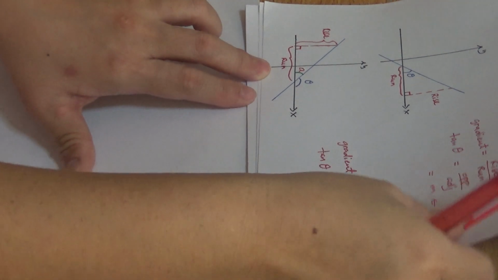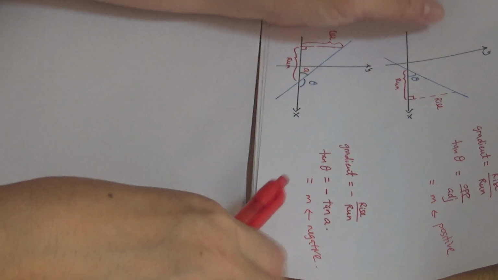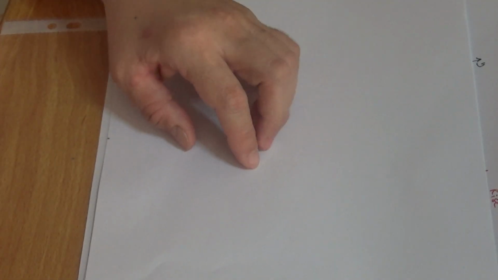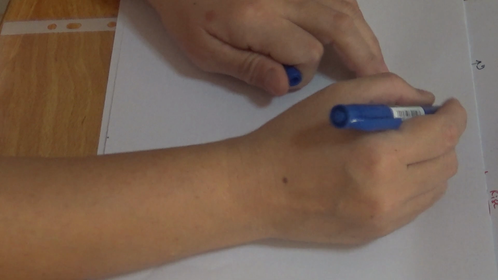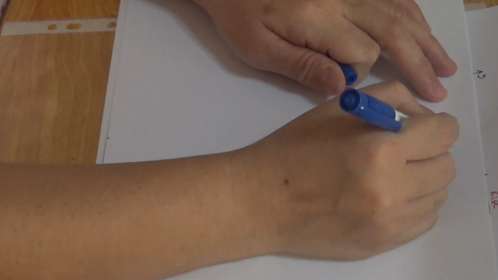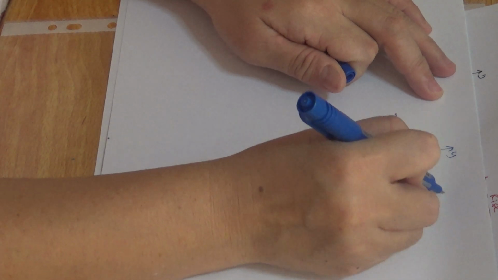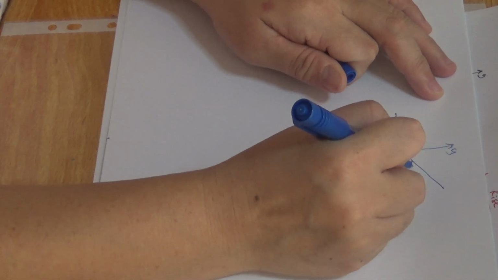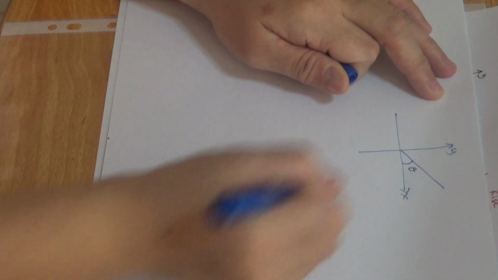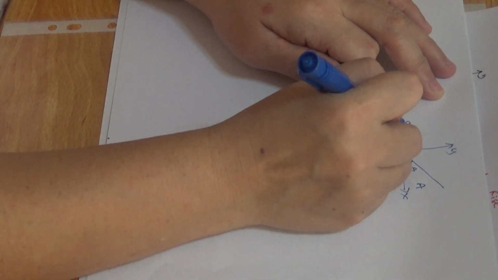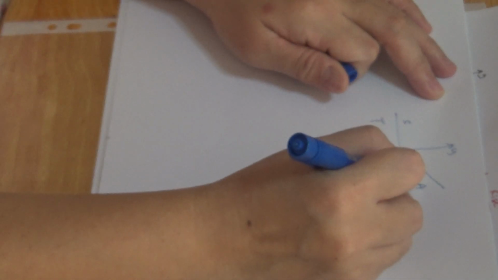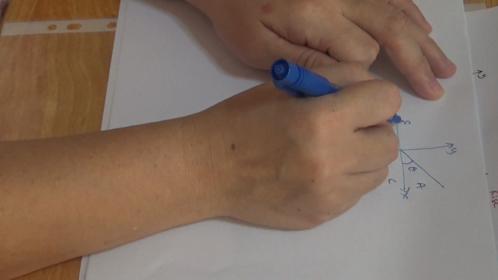Now I will explain this further by bringing you back to one of the concepts that we have done in our E-Maths, or rather our A-Maths. Now remember the CAST diagram: this quadrant is all positive, this one is sine positive.